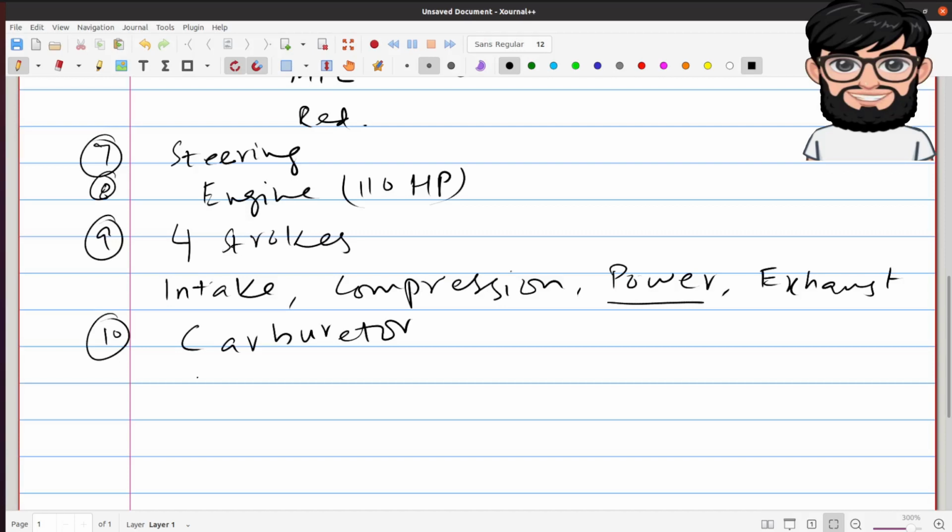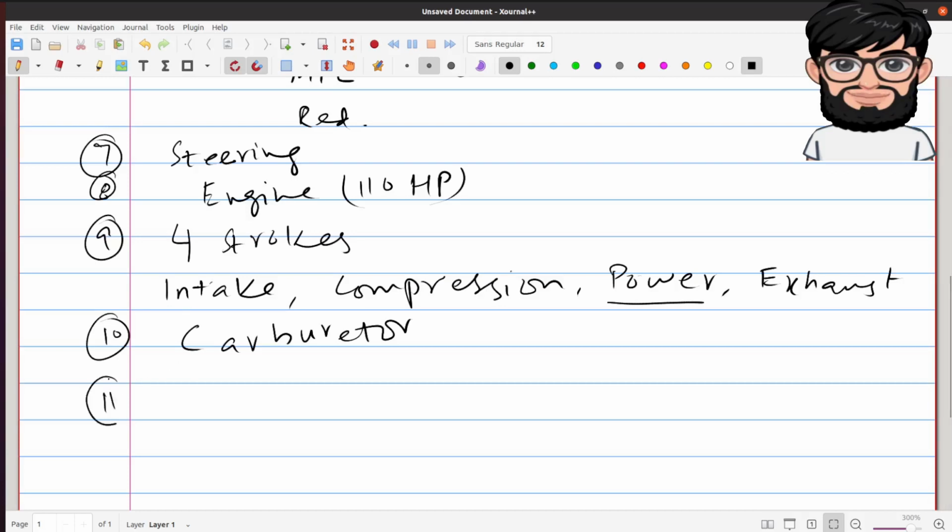Basically, the carburetor vaporizes liquid fuel into small particles and then mixes it with air. It controls both the amount of air and fuel, so it measures the airflow and meters fuel accordingly.